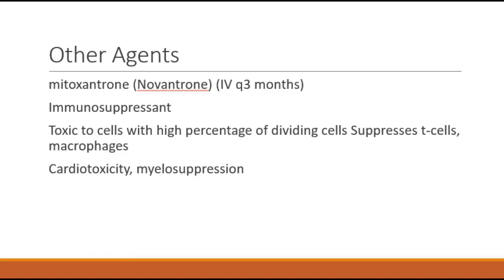You need to check the CBC also because it is working on these tissues that are a high percentage of dividing cells. So you need to check a CBC 10 to 14 days after the dose. It can cause cardiotoxicity, so you need to monitor the ejection fraction before and during at regular intervals.